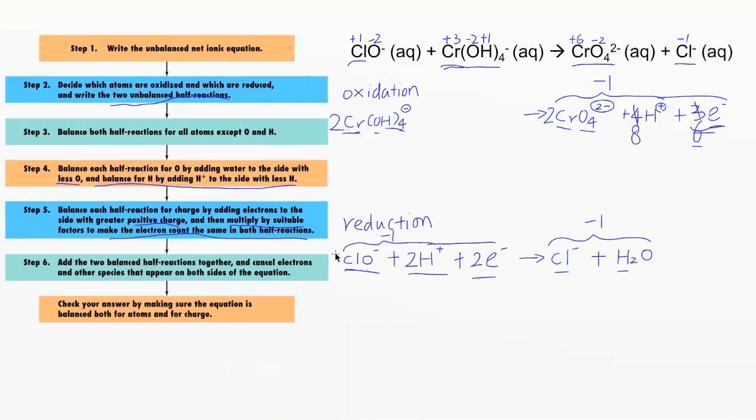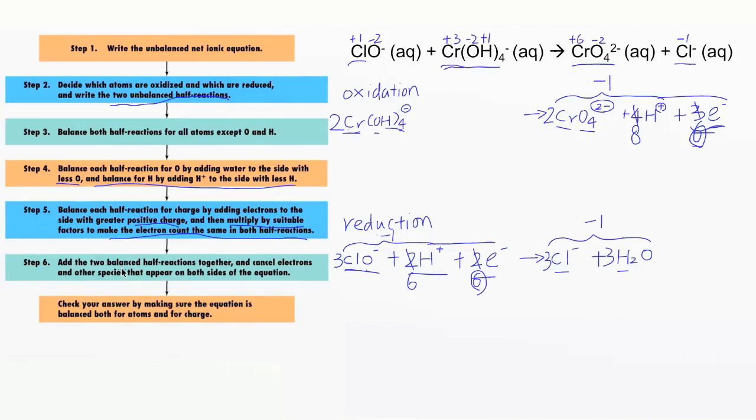Okay, so you multiply 1 by 3, multiply 2 by 3, that gives you 6, and then you get 6 here, and then you get 3 and 3. Now, as you can see, this one donates 6 electrons, and this one consumes 6 electrons. Electrons are balanced between the two half reactions. Okay, and then we finish step 5.